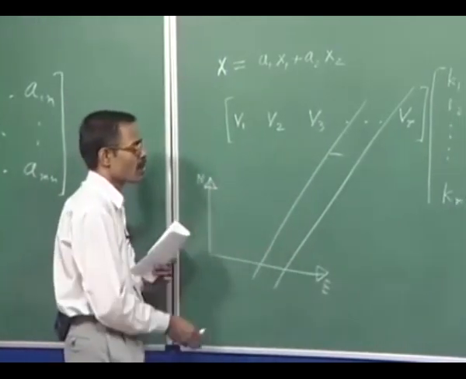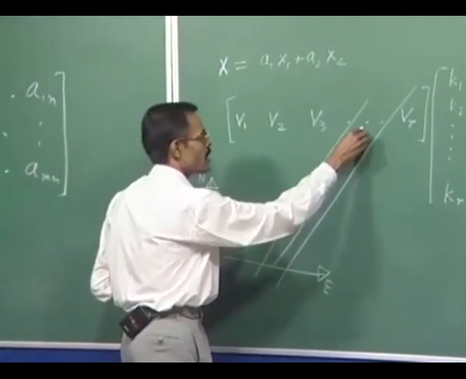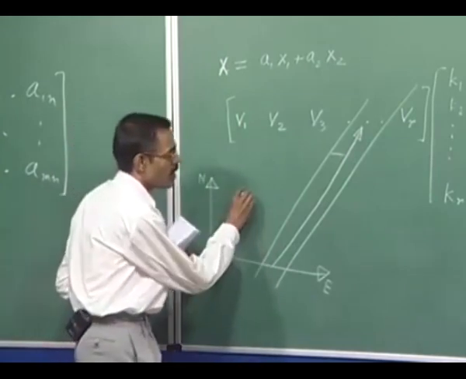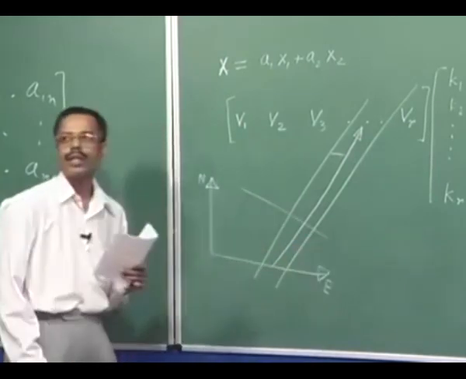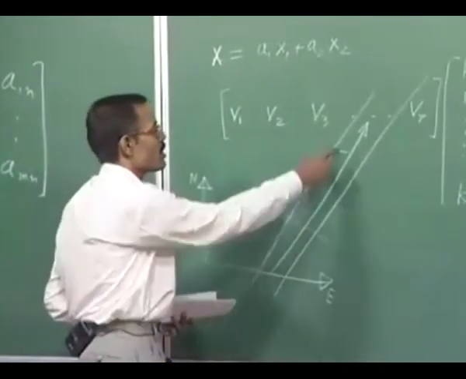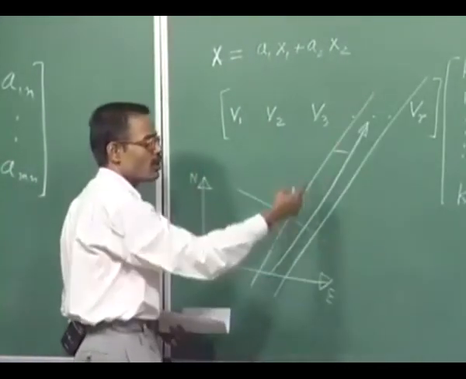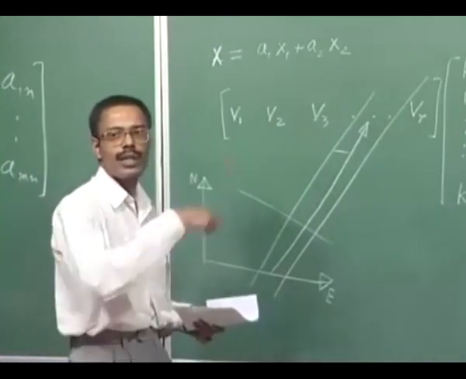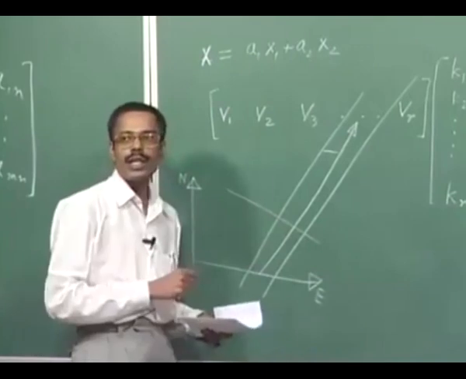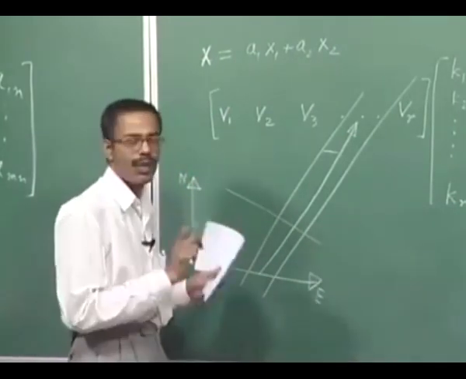The correct description would be movement along this direction, which is in kilometers, and movement along this direction, which is in meters. Otherwise, if you choose the same unit, say kilometers, then along the road you will be talking about 10 kilometers, 100 kilometers, and so on, and across it you will end up saying 0.3 kilometer, 0.15 kilometer, and so on, which will not be very nice.